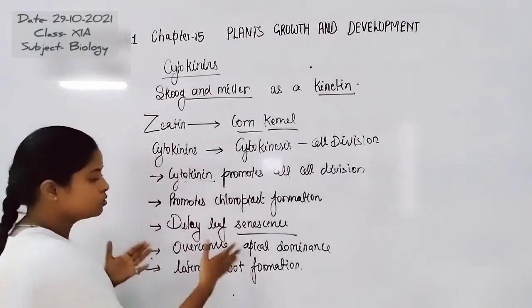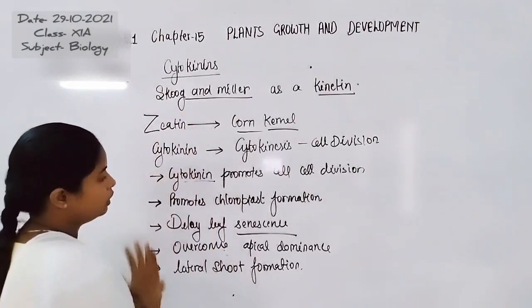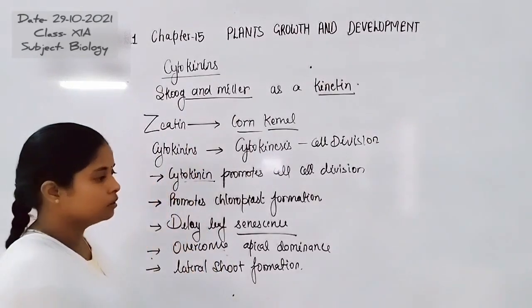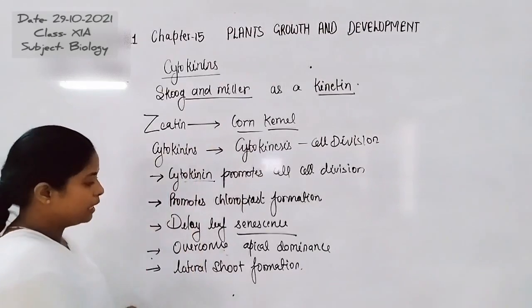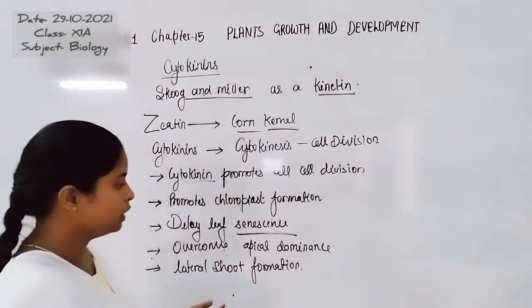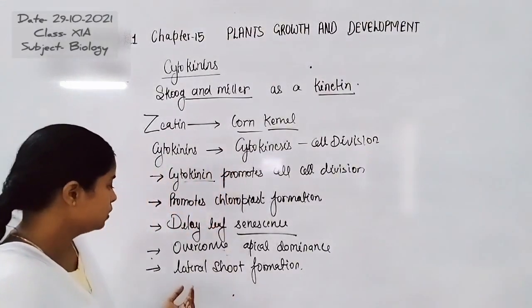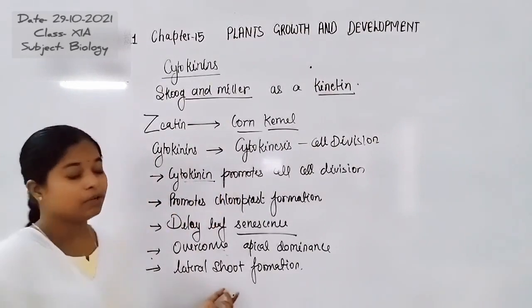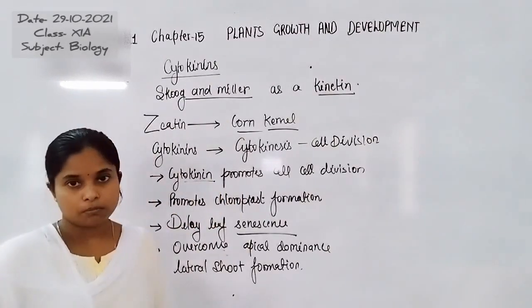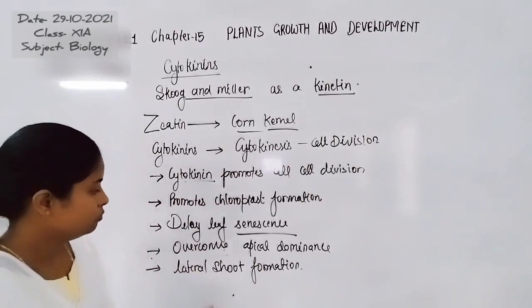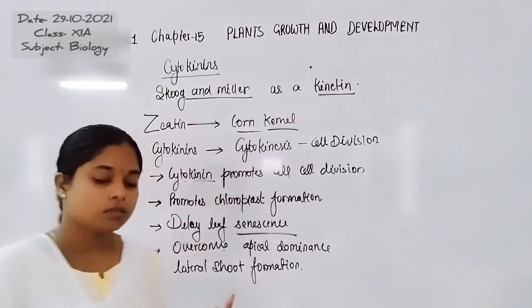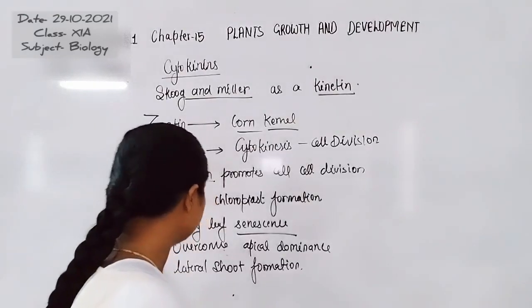It can also be overcome without cutting the apex region: if we spray cytokinin over the plant, it overcomes the apical dominance through lateral shoot formation, and the adventitious root formation also occurs by the cytokinin.